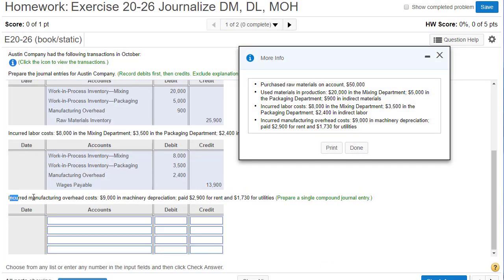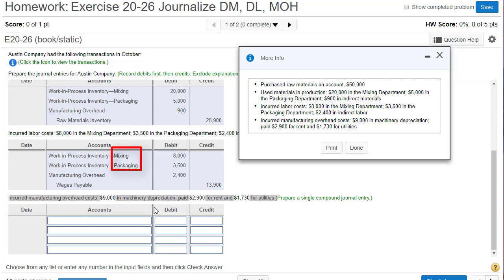Then we incurred manufacturing overhead costs, $9,000 in machinery depreciation, and then we paid for rent and utilities. All three of these costs have to do with a product, so these are all product costs, but none of them are specifically tied to either the mixing department or the packaging department.